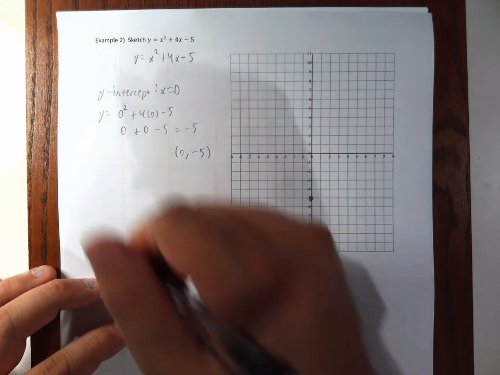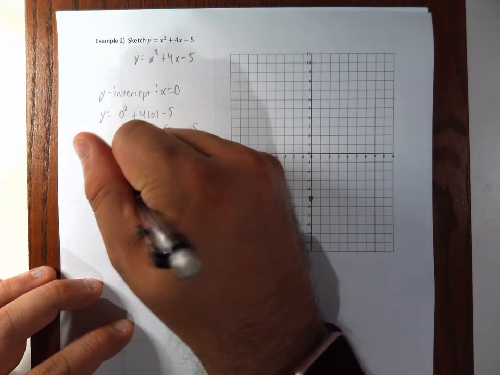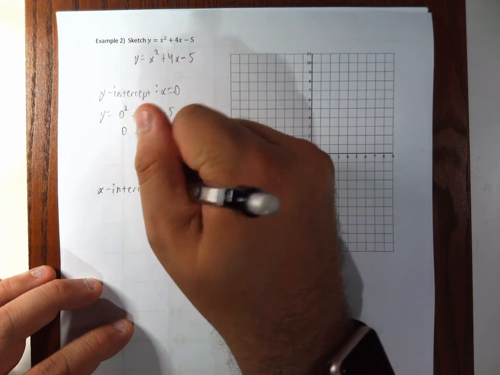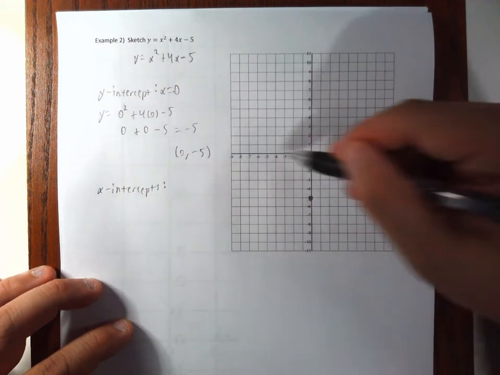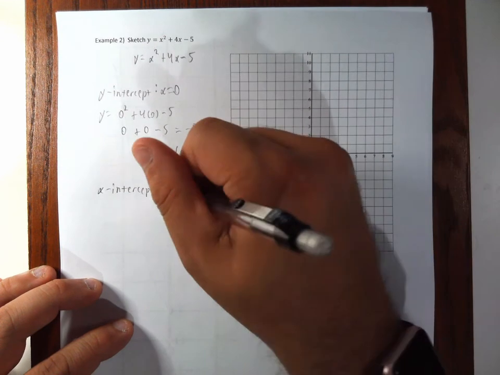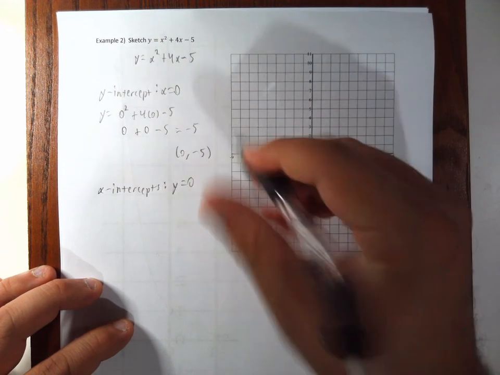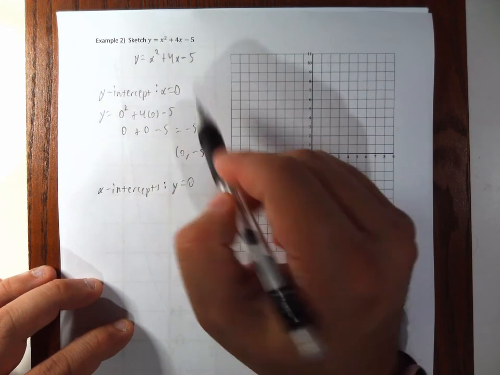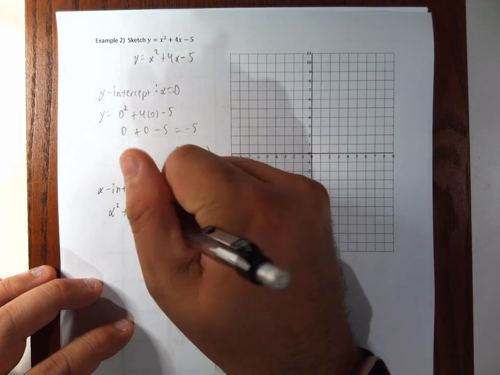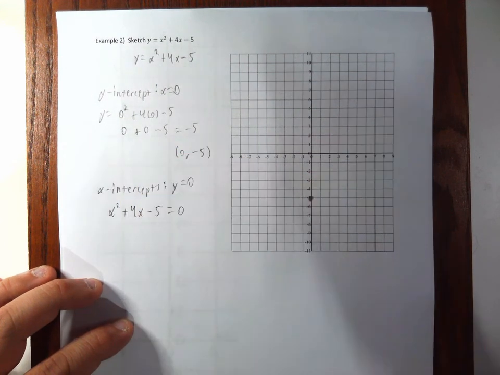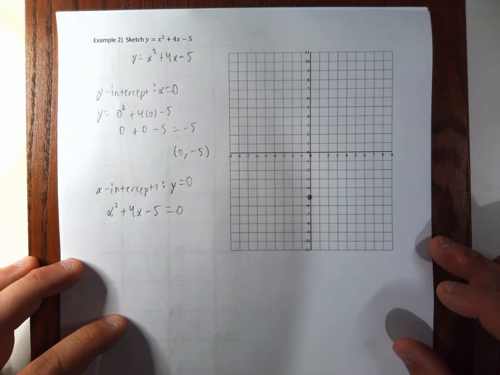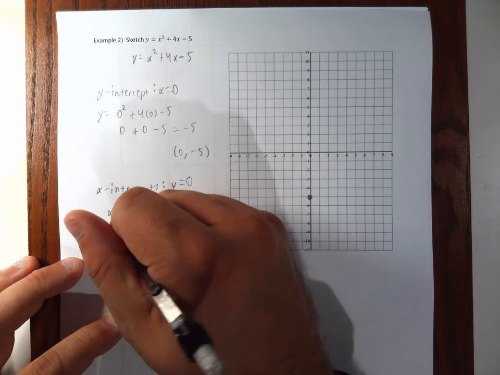Next, I'm going to do the x-intercepts. This is going to be where the graph crosses the x-axis. When that happens, y is 0. And since this equals y, the quadratic has to equal 0. So I have x and x.